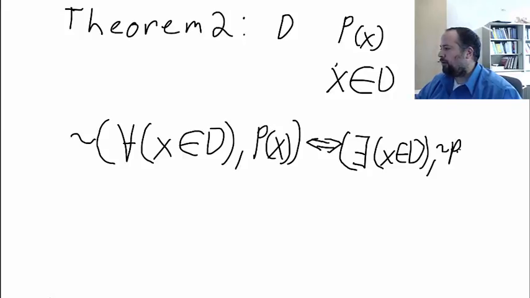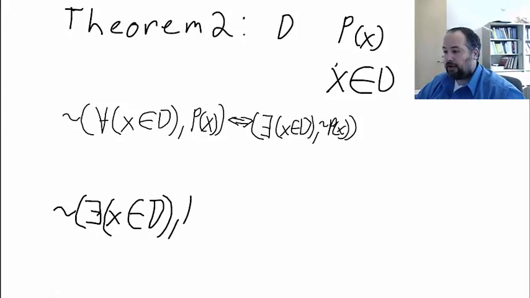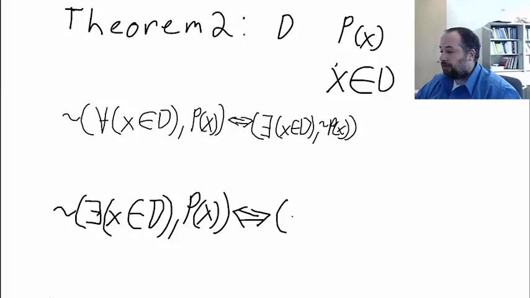I'm running out of room here, but you know what I'm writing. So, for all X in D, P of X is true. When we negate that, we just say that there exists some x in D for which P of x is false. The other side of that is the negation of "there exists an x that's a member of D such that P of x is true," which is that for all x that are members of D, P of x is false.